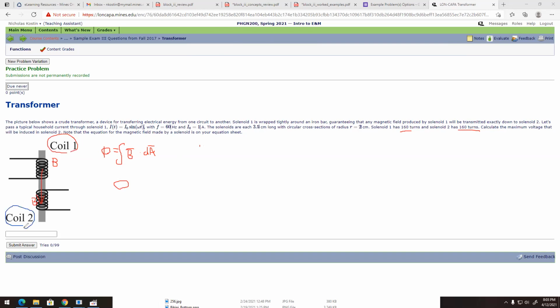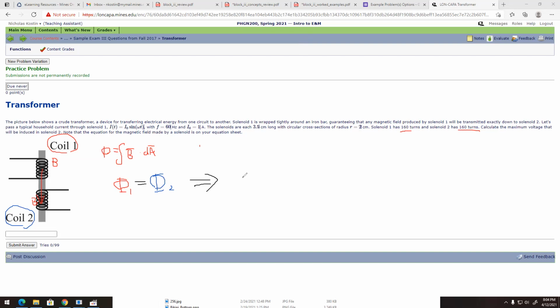Then the flux in coil 1 has to be equal to the flux in coil 2. And moreover, that implies they both change with time in the same way.